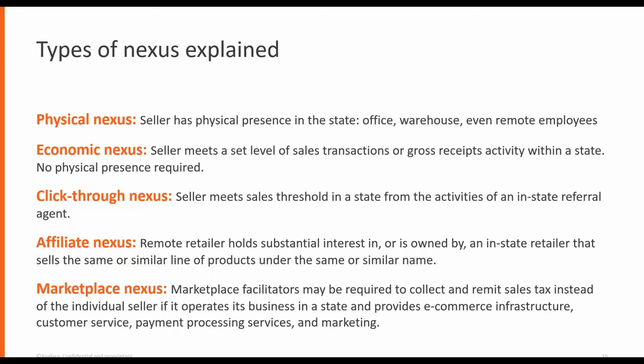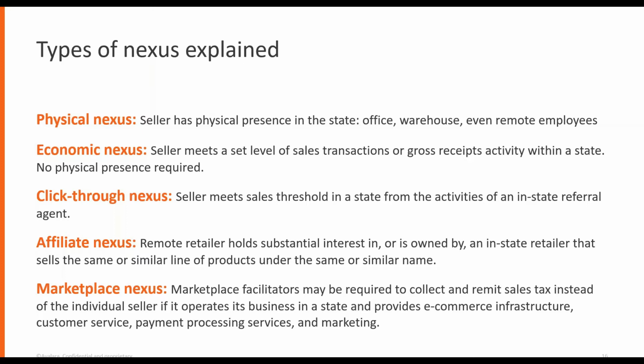So like I said, physical nexus is straightforward. The office, the warehouse, maybe you have an employee in the state, you've established that nexus. Economic nexus is a little bit different. This is a newer nexus, and it's basically you've established or met a certain economic threshold, whether it's transactions or gross sales or a combination of both.